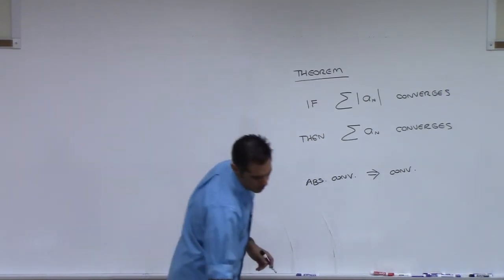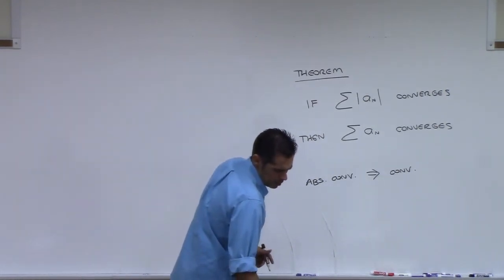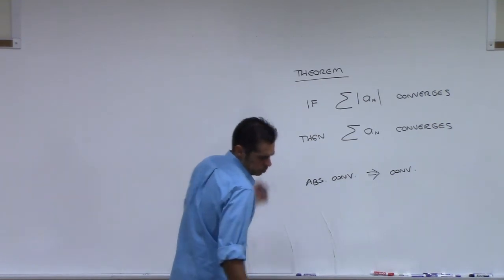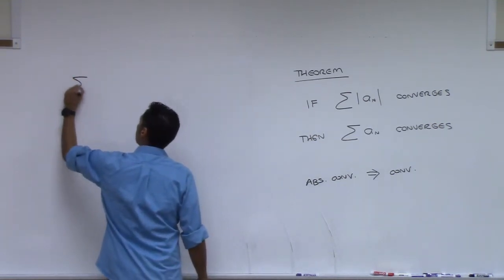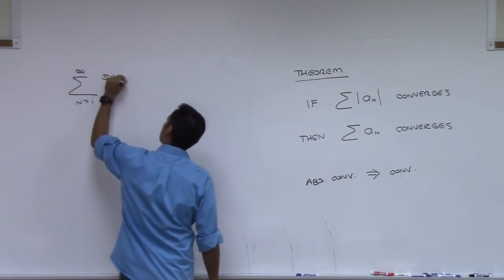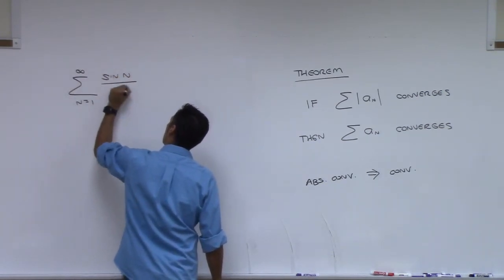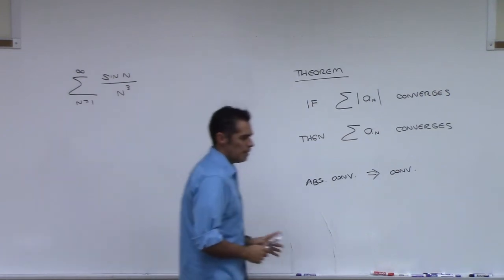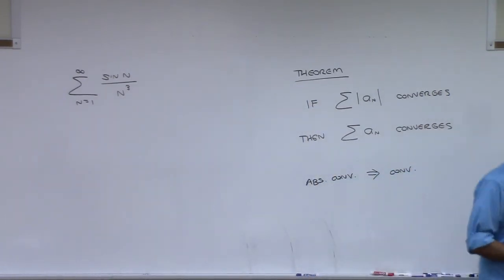Okay, let's look at this one. Sum n equals 1 to infinity of sine n over n cubed. And we haven't seen one of these yet. What I want you to notice is that this is not an alternating series.